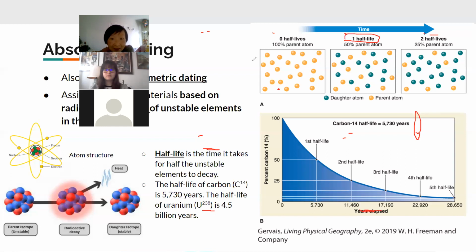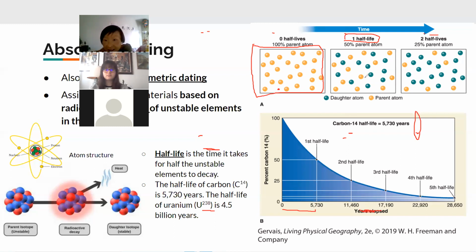That means at the beginning, you have 100% pure parent atom. It takes this much time, for example, for this one, this is carbon 14, 5,730 years for half of the carbon 14 to become carbon 12.